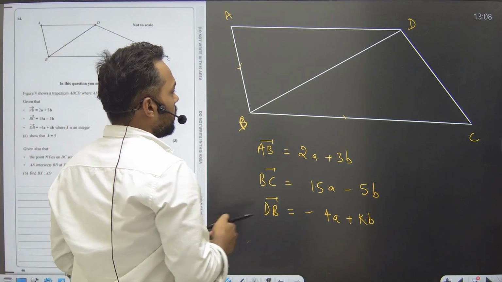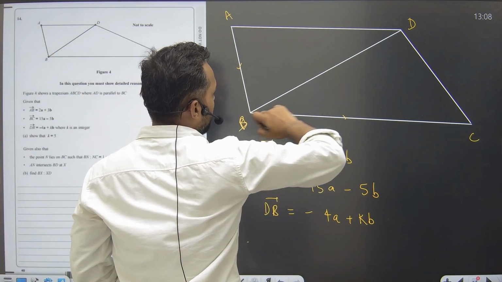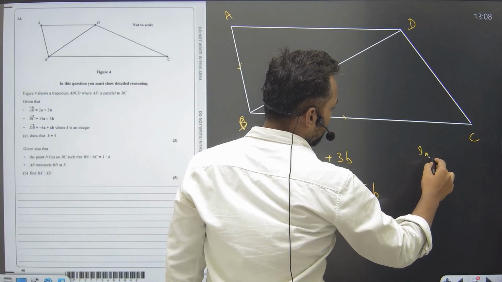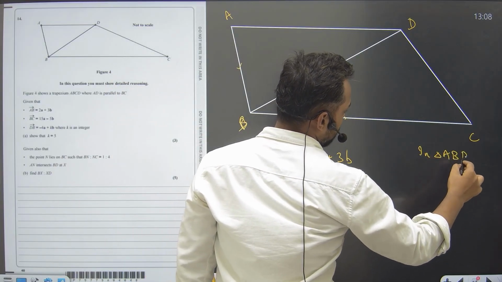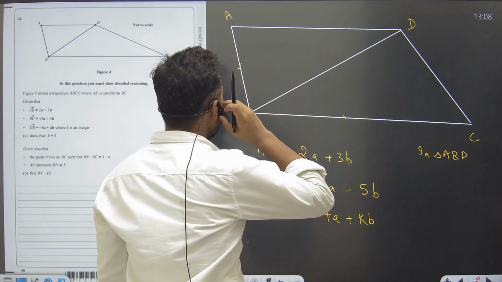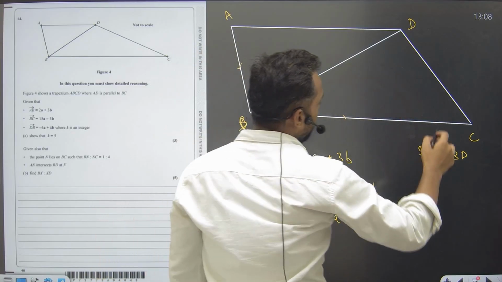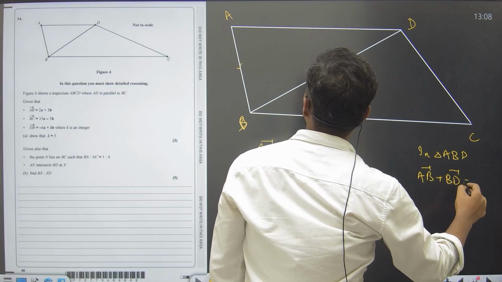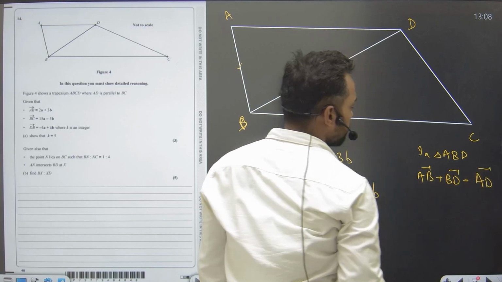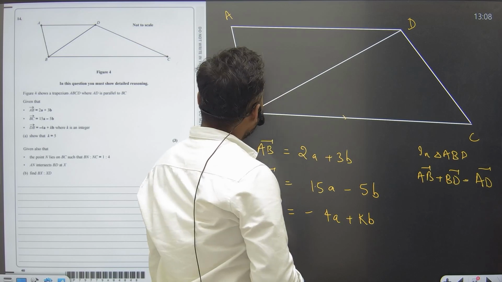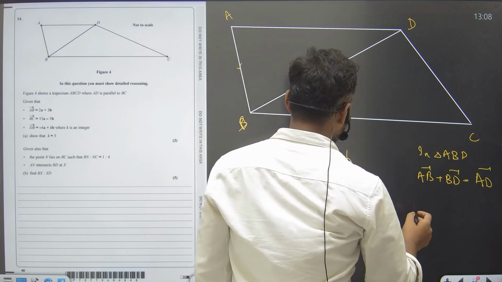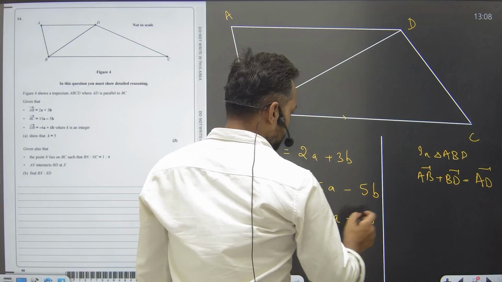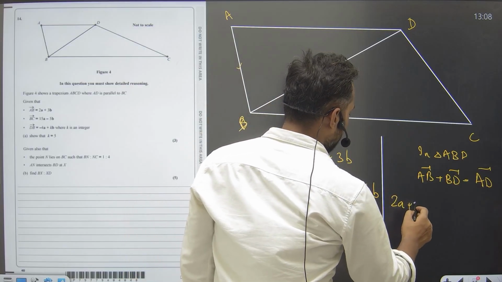Okay, now let's say in the triangle ABD, according to the properties of vector addition, AB plus BD vector will be equal to AD vector. Now AB is given by 2a plus 3b.